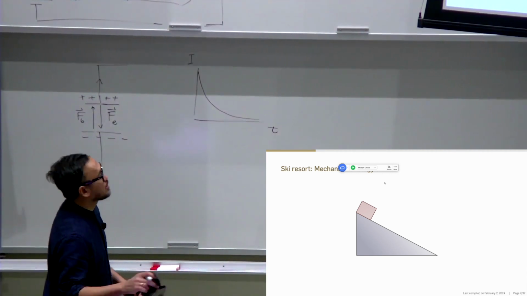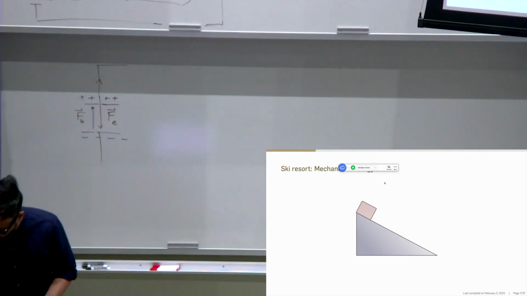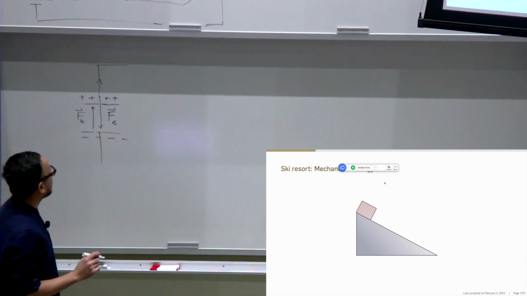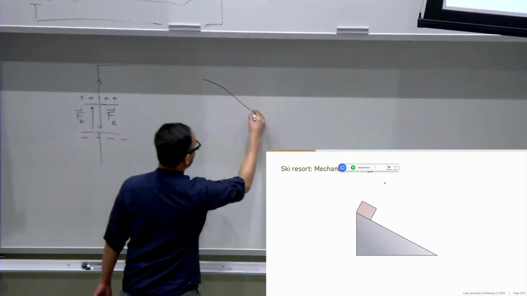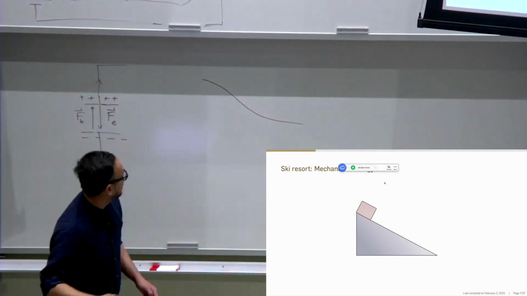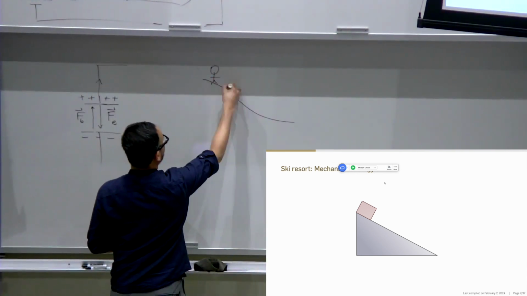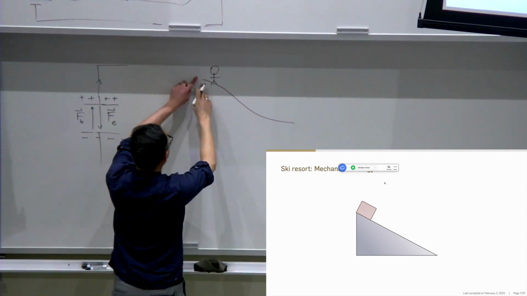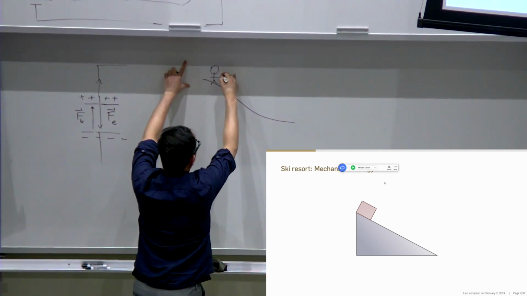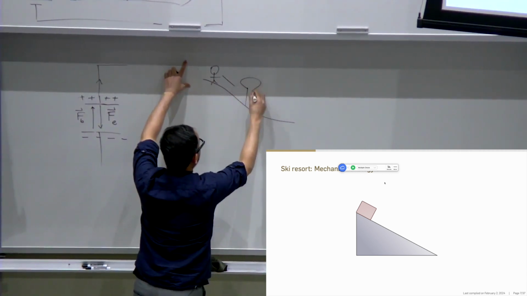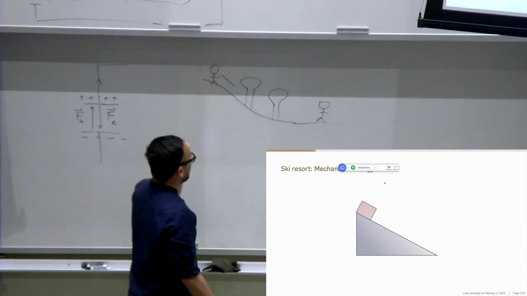So you're seeing this slide. I like to make an analogy between the electromagnetic and mechanical worlds. I don't ski, but let's say this is a ski resort, and this is you, and you ski. So this is like electric current. Instead of electrons, it's a student who can ski, and along the way, let's say they hit many trees, and then they stop.